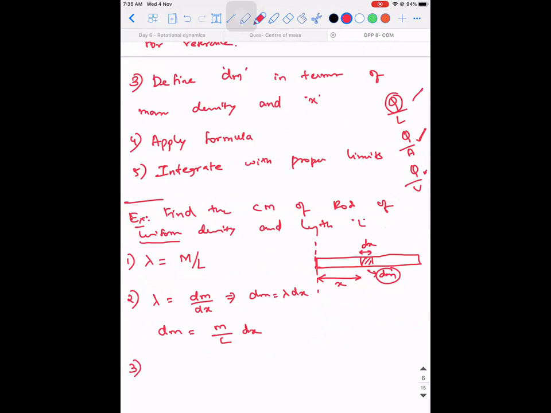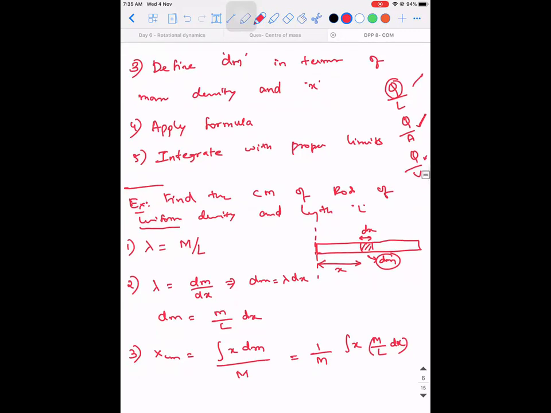No, sir. Fourth, apply the formula. The x coordinate of center of mass is integral of x dm divided by the total mass. So 1 by m into integral of x into, what is the value of dm? It is m by L into dx. Integrate with proper limits: x has to cover the total length of the rod.